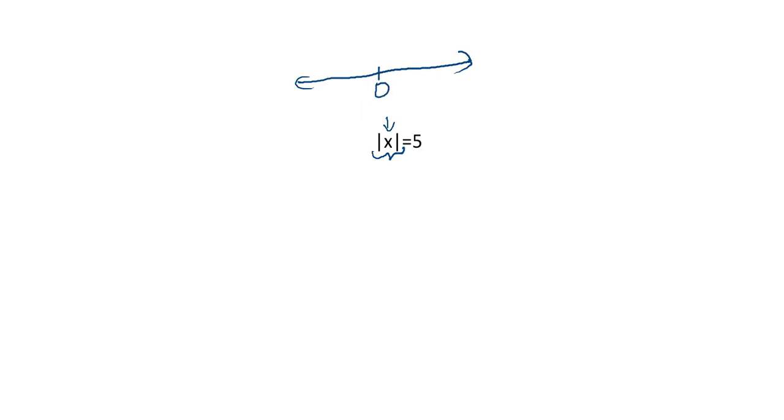What numbers are 5 away from 0? Well, if we go 5 to the right, what number will we find? We'll find the number 5. So that's one solution. That's one number whose distance from 0 is equal to 5. If we go 5 to the left, going 5 in this direction, we'll find negative 5.